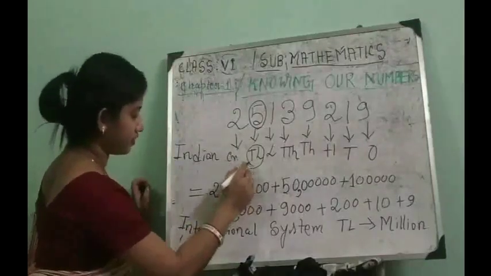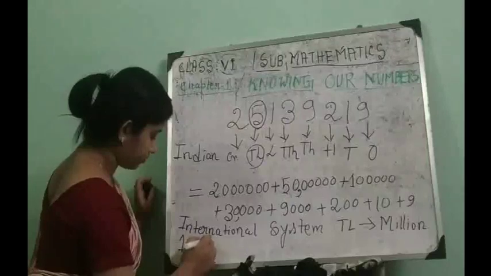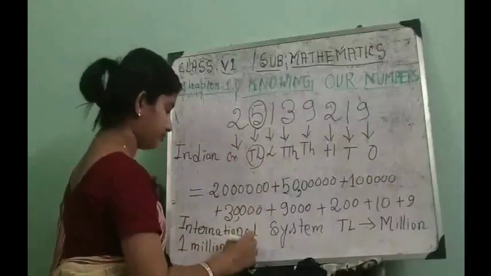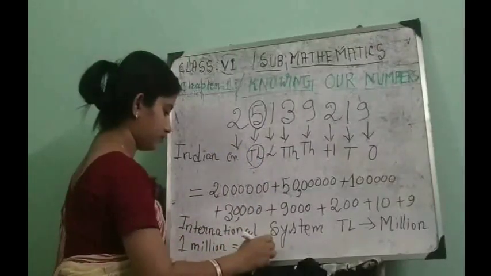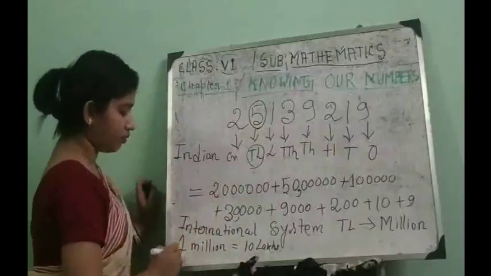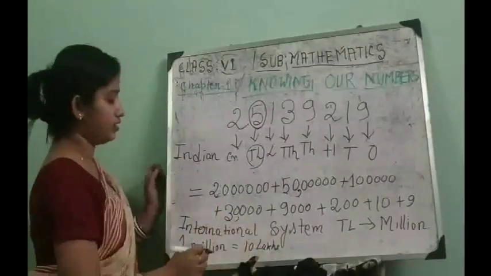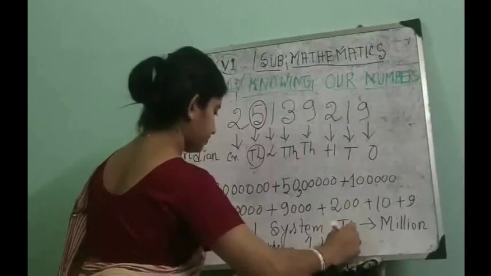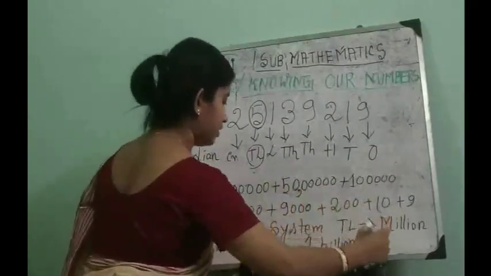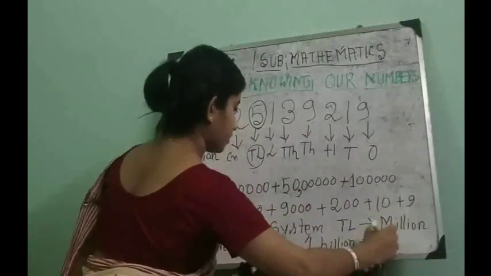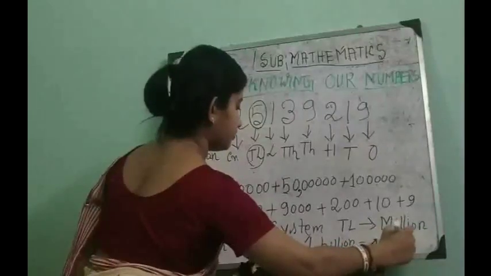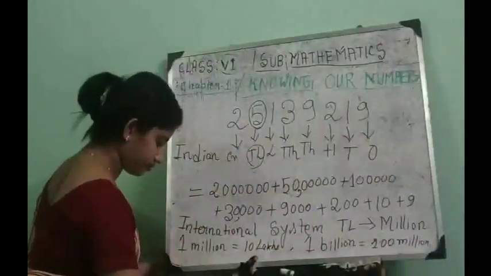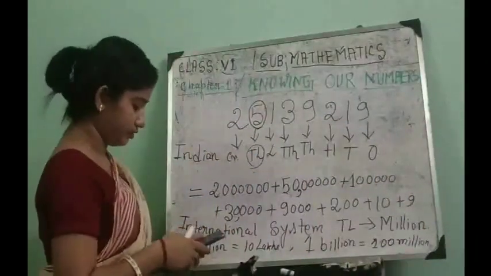So here 1 million equals to 10 lakhs. One million equals to 10 lakhs, and 1 billion equals to 100 million.